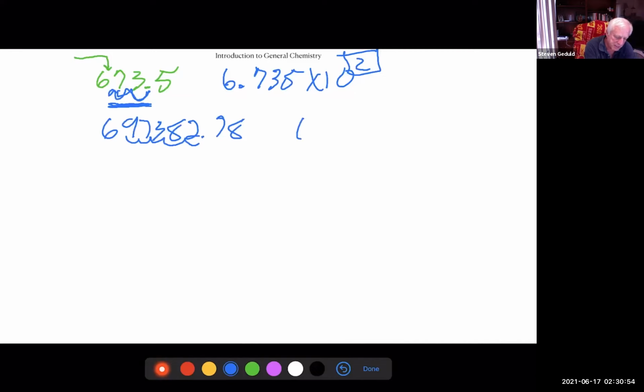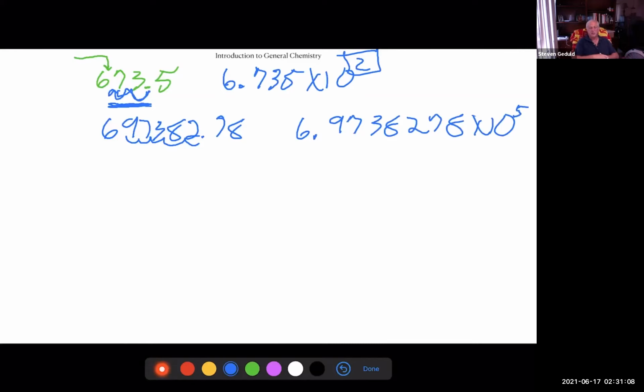So it'd be 6.973878 times 10 to the... I moved it 5 places. I made it smaller, so I made this one bigger. So 10 to the 5th. If I make the number bigger, the exponent's going to be negative. If I make it smaller, I've got to make the exponent bigger, because you can't change the value of the number. You've got to go the exact opposite direction.